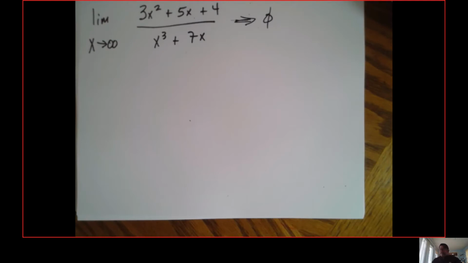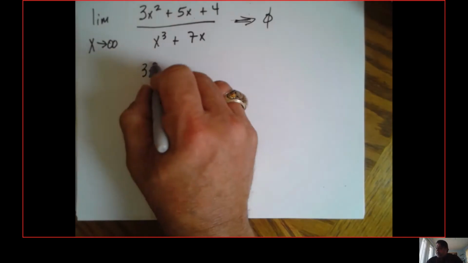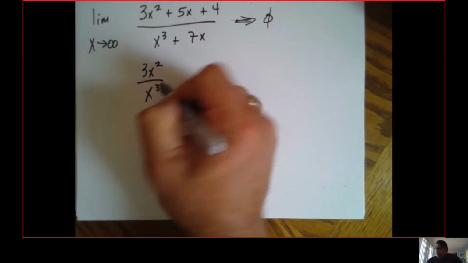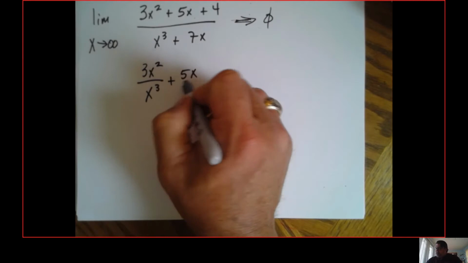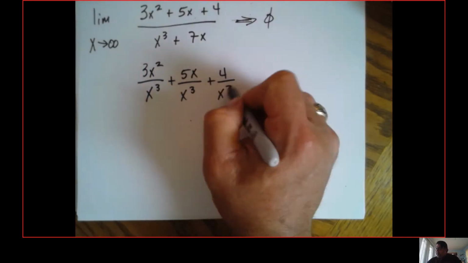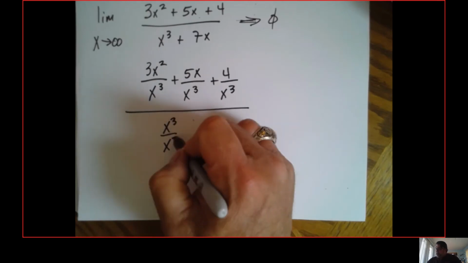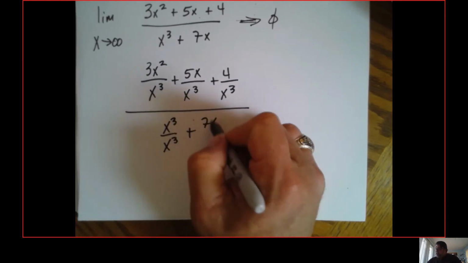So I'm going to divide by x to the third. So 3x squared over x to the third plus 5x over x to the third plus 4 over x to the third, divided by x to the third over x to the third plus 7x over x to the third.